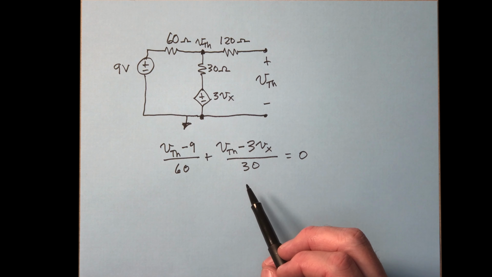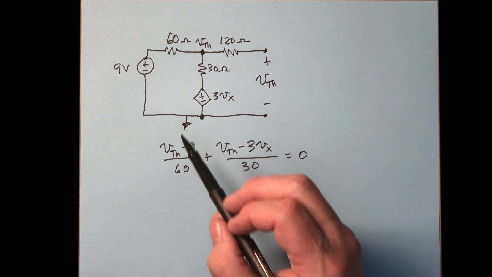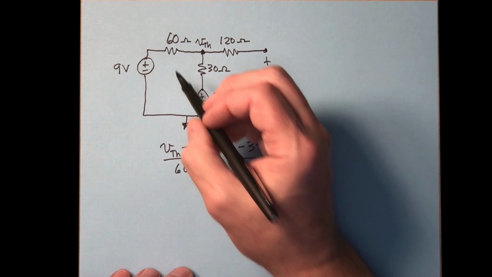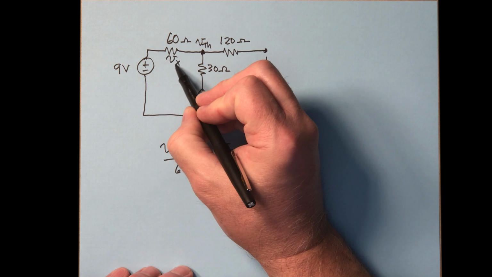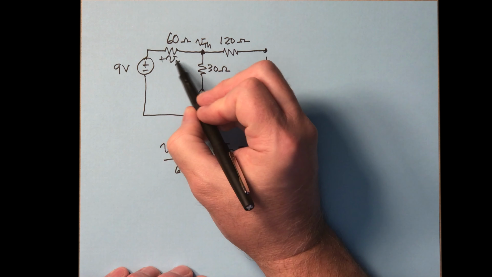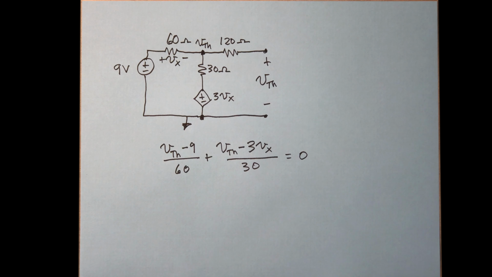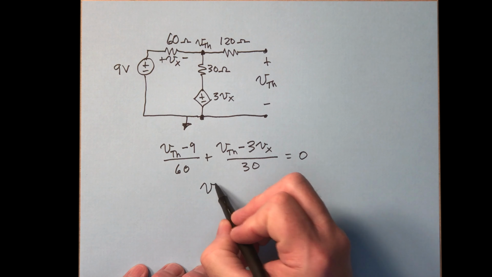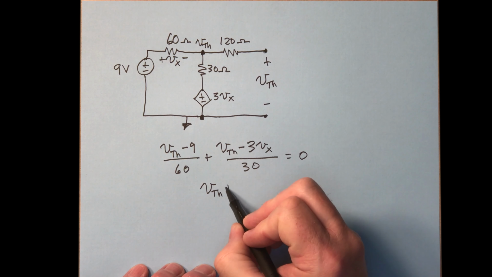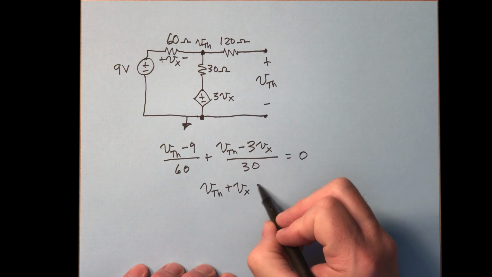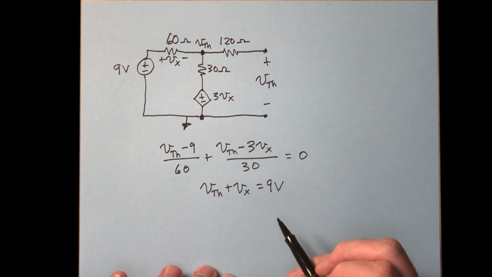And what we can do is, you may also notice that I left off my V sub x here. So with that in there, you notice that VTH plus V sub x is 9 volts.